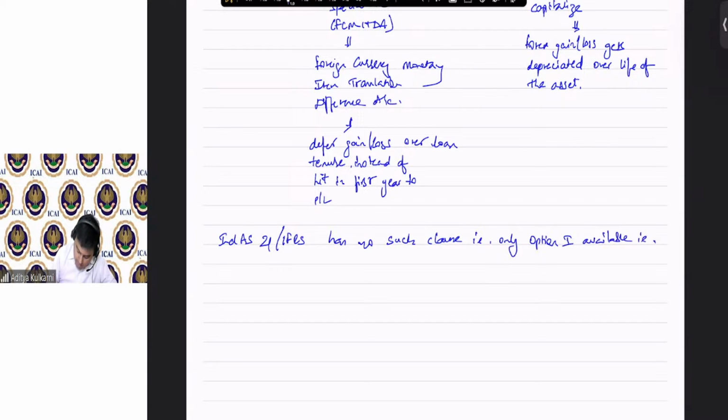That is, take forex differences to P&L only. To P&L only. Okay? To P&L only. Apart from this, foreign exchange gains or losses, you cannot. You cannot. Now there is a conflict.